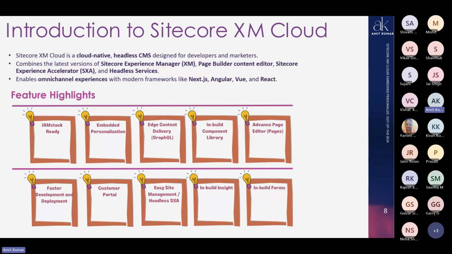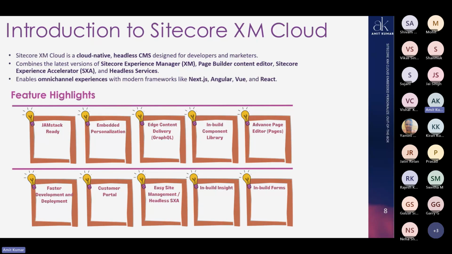This edge content delivery you can utilize in your XM and XP implementation also if you want. With the inbuilt component library, you get components as a service, so you can design the component in the XM Cloud portal itself and utilize it in your application. Advanced pages editor, like I said, you will get, and I will be showing you also.